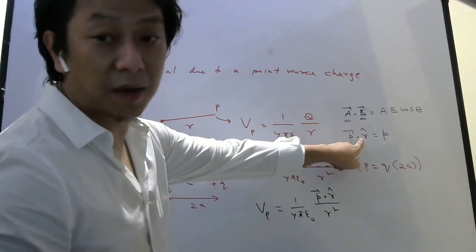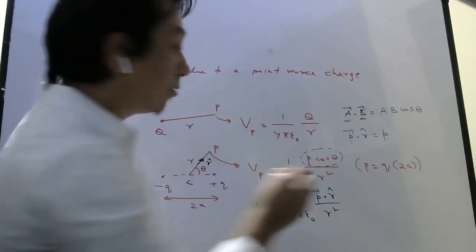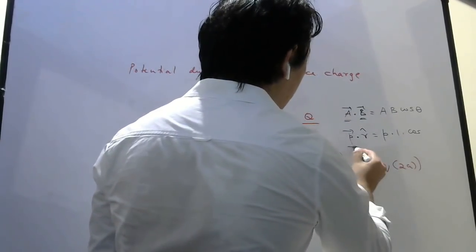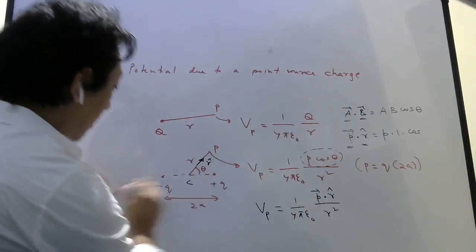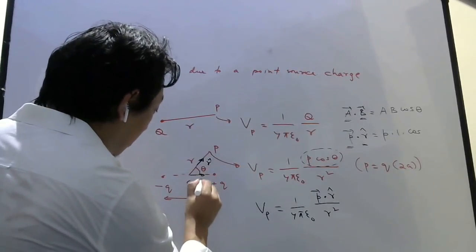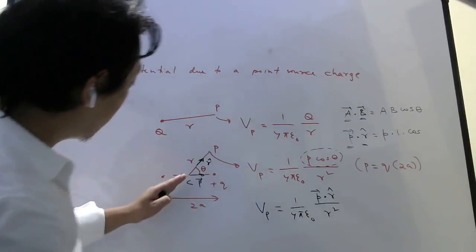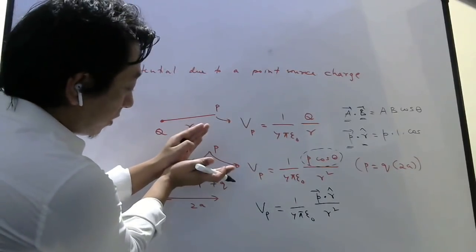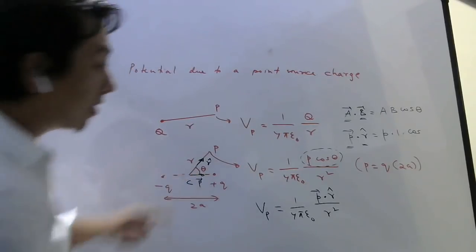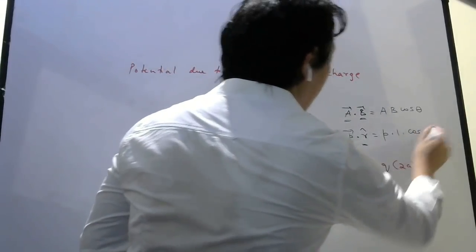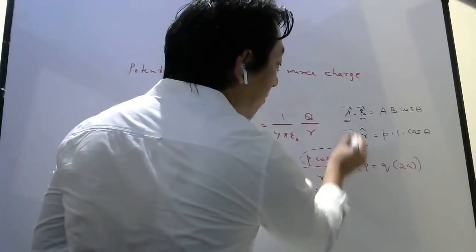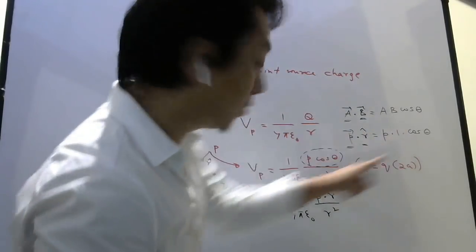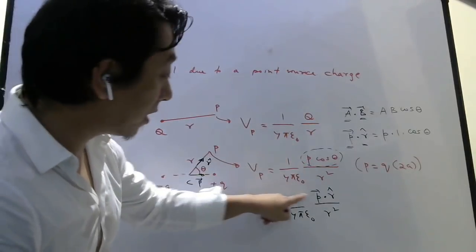Magnitude of r cap is a unit vector, so magnitude will be 1, into cos of the angle between p bar and r cap. P bar is taken from minus q to plus q, already you know. R cap is taken this way, from center to the observation point. So the angle between these two is nothing but this theta itself. So I can write cos theta, because this is the angle between p bar and r cap. So you can see p cos theta can be written as p bar dot r cap.